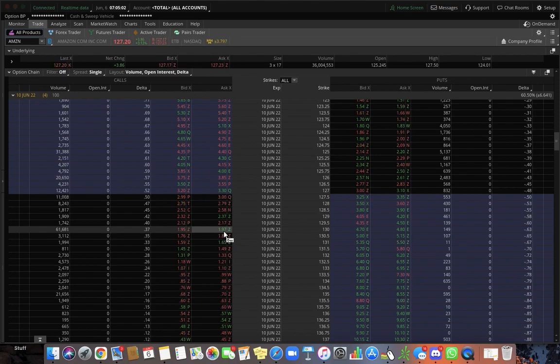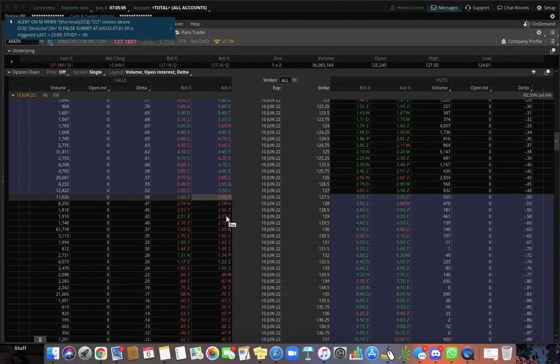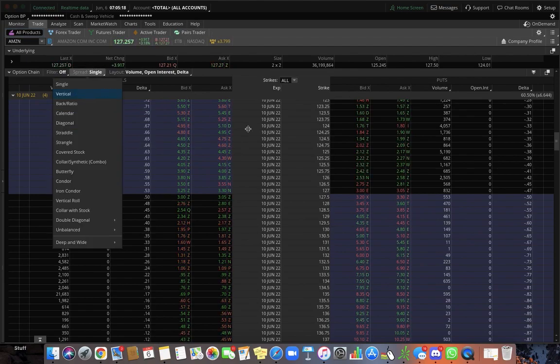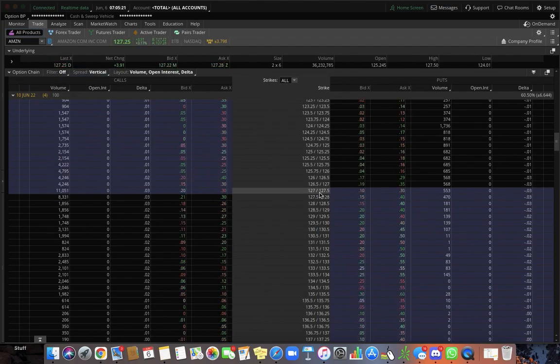Yeah, I guess for out of the money, you could take a call debit spread, or sell a put credit spread. Let's see what the credit is. Well, actually, the IV is not high.